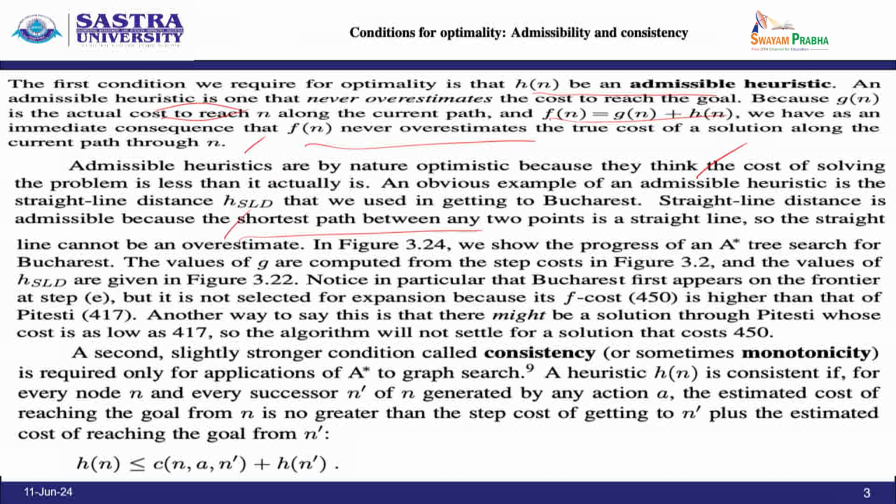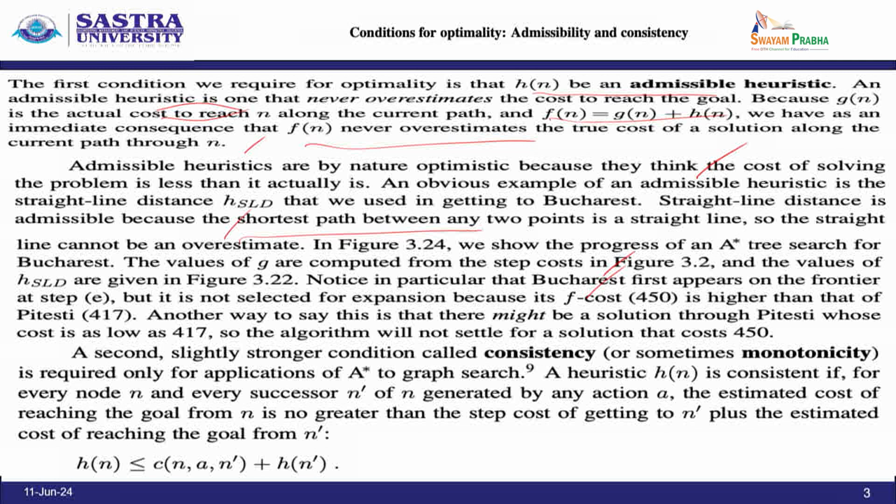Figure 3.24 shows the progress of an A star tree search for Bucharest. The values of g are computed from the step costs in figure 3.2, and the values of h SLD are given in figure 3.22. Notice in particular that Bucharest first appears on the frontier at step e, but it is not selected for expansion because its f cost, 450, is higher than that of Pitesti, 417.